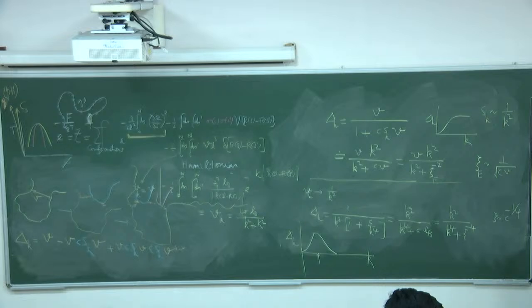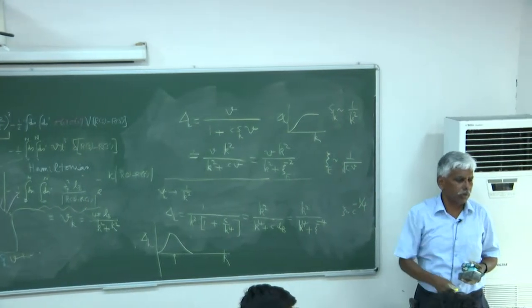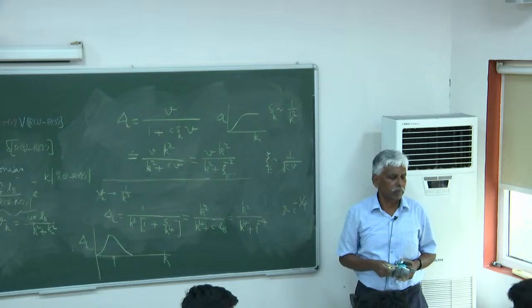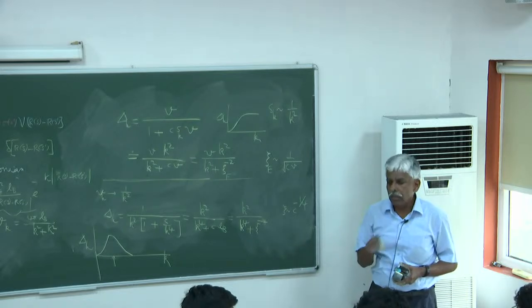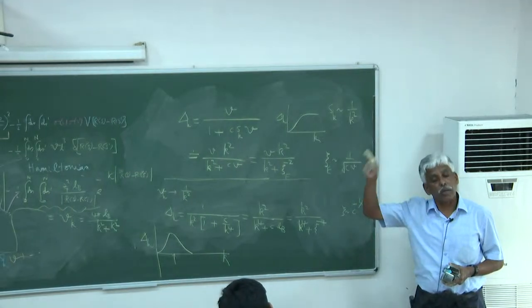Can you repeat what is happening with the phenomenon of spontaneous selection of lanes? See, when you calculate the effective interaction as a function of k, you get a peak.